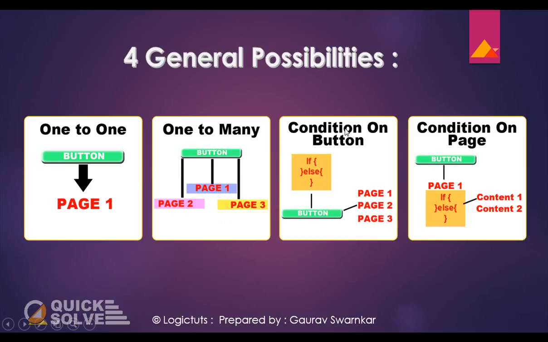The third one is the condition on button. Before defining the reference in the button, we use random variables and random conditions, and we decide which page to open as per that condition.